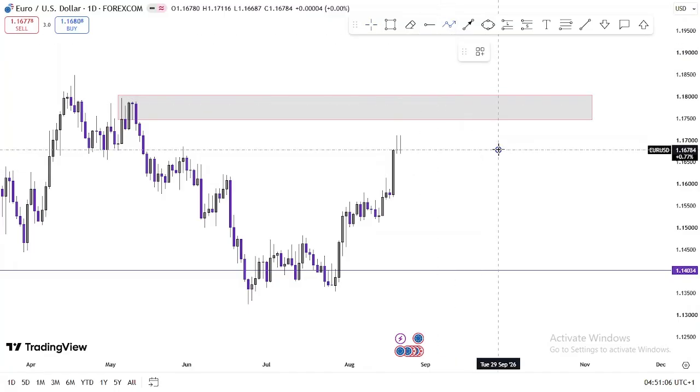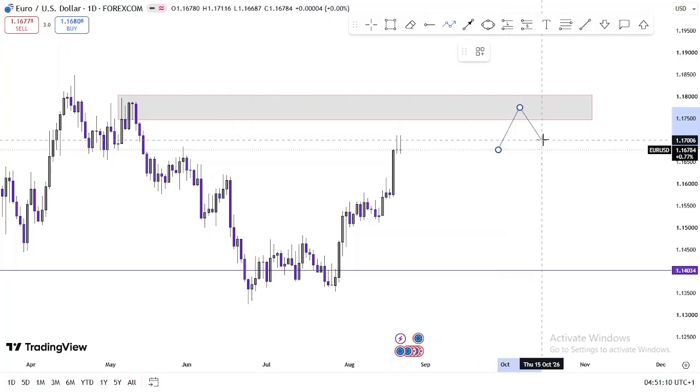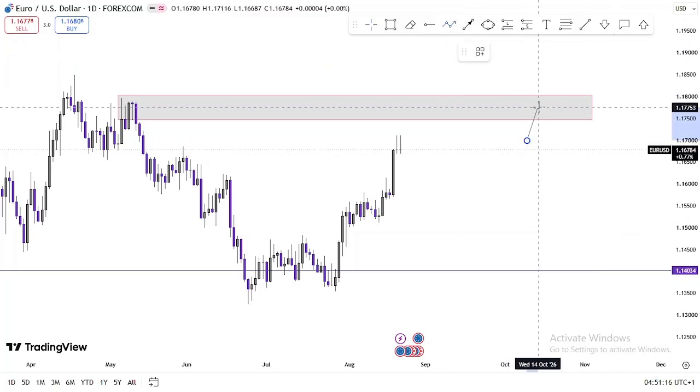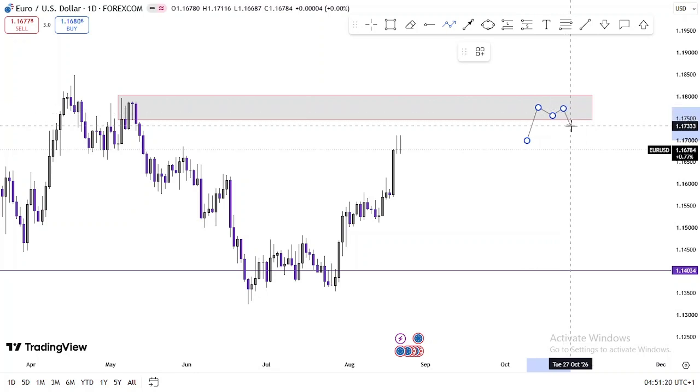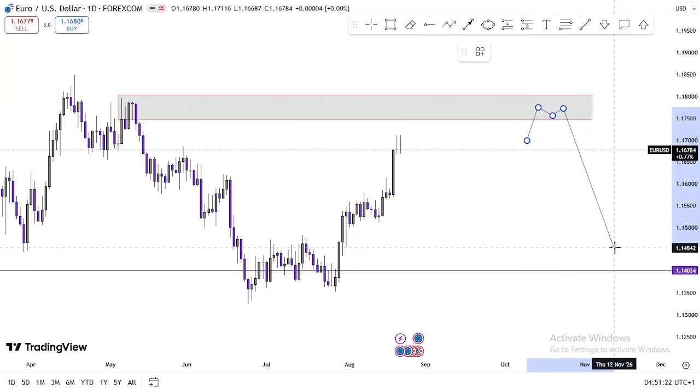So we should either see price come back here, pull back before breaking the area, or maybe when it comes to this area, we start seeing price showing early evidence of wanting to change character to a bearish nature.